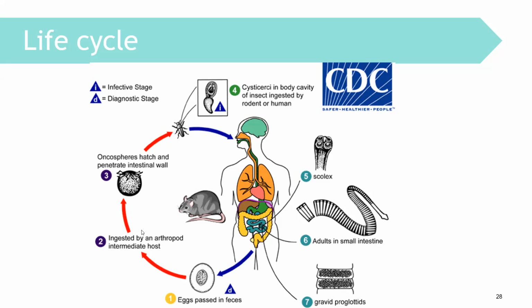The intermediate host of diminuta is the flea beetle. Okay. The grain beetles and the fleas are considered as the intermediate hosts of the parasite. Therefore, ingestion of fleas, ingestion of grain beetle is considered as the initiator of the infection.